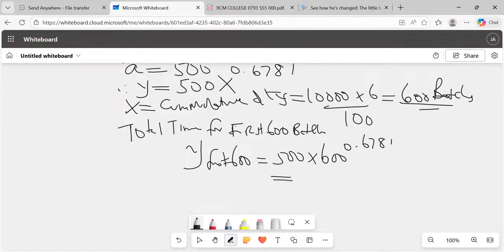At least if they had asked us to give them total time for the first 600, then that would really be adequate for the 4 marks. But just getting that Y equals no. So Y first 600 is just somebody who was able to reach here. How many do we have here, ladies and gentlemen? 38,267.